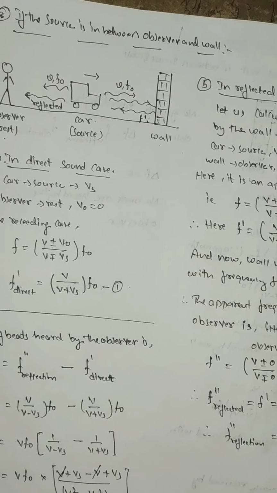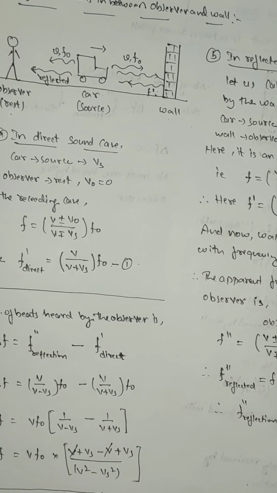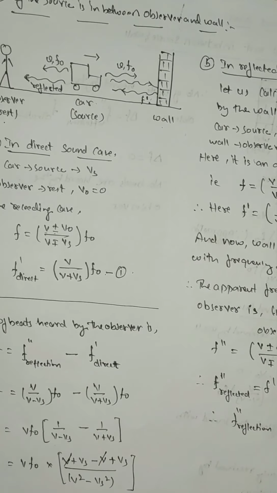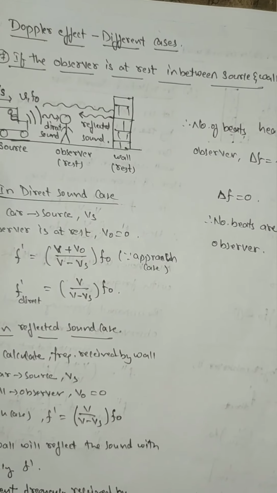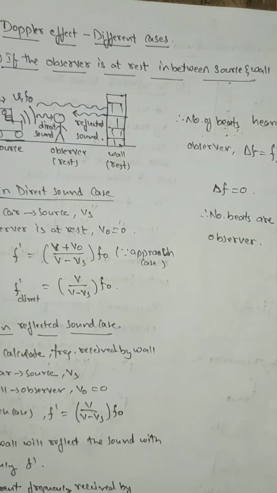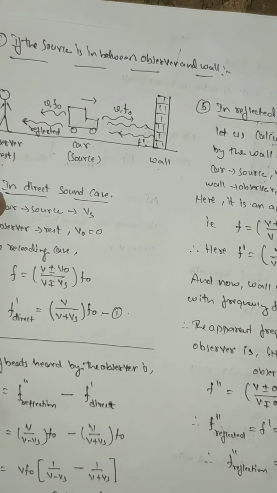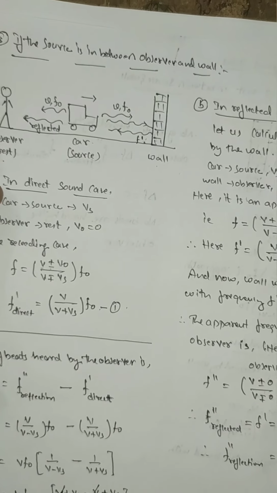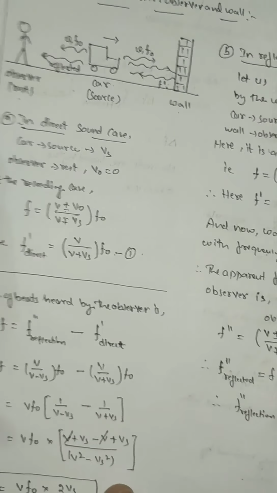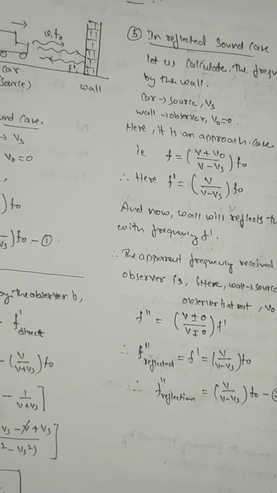So these are the 7th and 8th cases of the Doppler effect. The 7th case is if the observer is at rest in between the source and the wall, and the 8th case is if the source is in between the observer and the wall, right? Thank you.